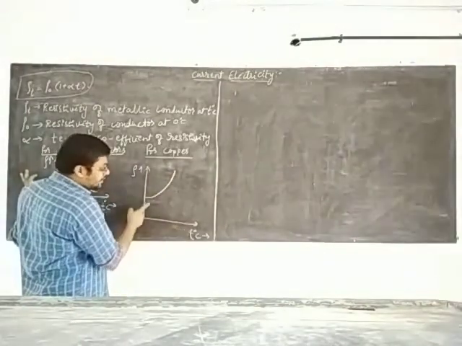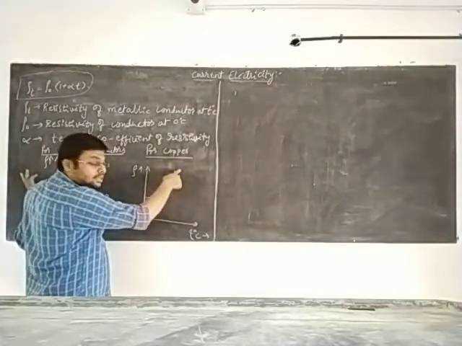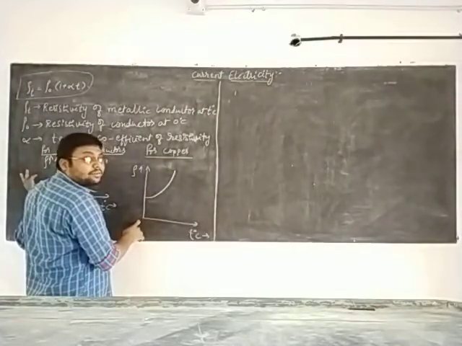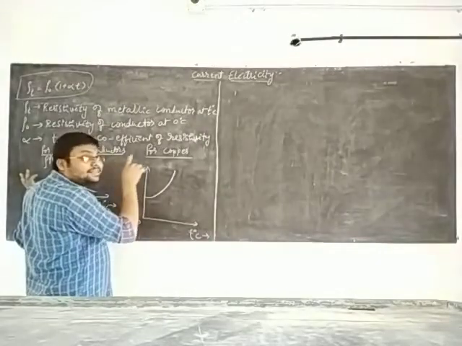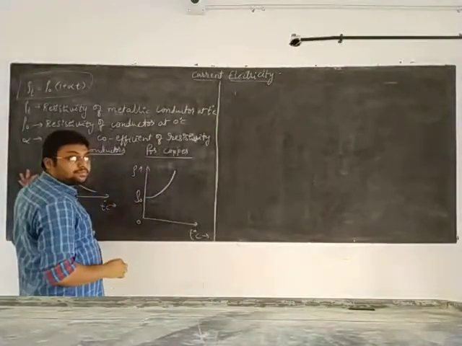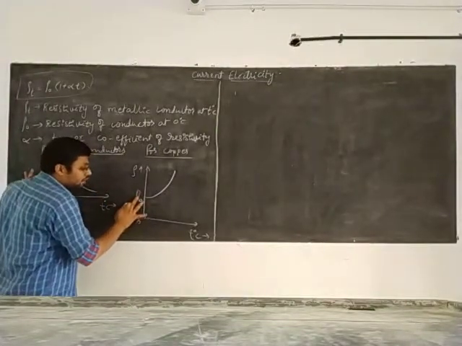As temperature increases, the resistivity also increases. At 0 degree temperature, whatever resistivity the copper has, we can denote it as rho naught.